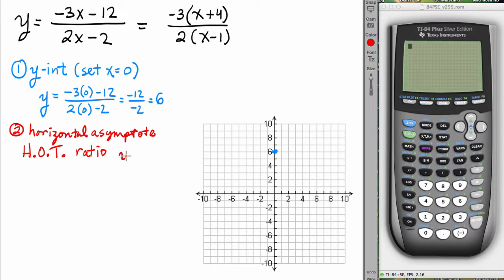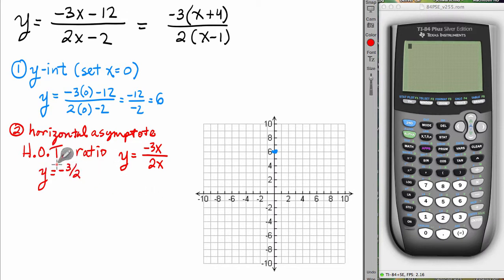Now, in this particular function, the numerator has as a highest order term negative 3x. And the denominator has as a highest order term 2x. When you simplify this ratio, you get y equals, canceling the x's, negative 3 over 2.